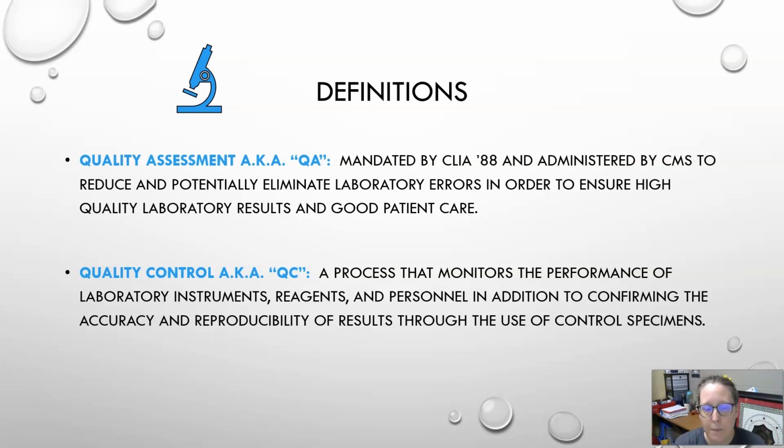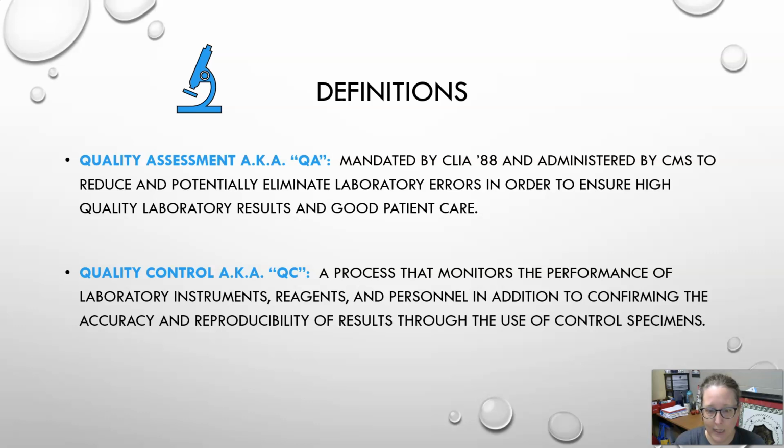So what we do in a lot of these analyzers is those control specimens are like fake patient specimens on whom we already know what the results are supposed to be. We run them through the machine and see if we get the results that we expect to get.